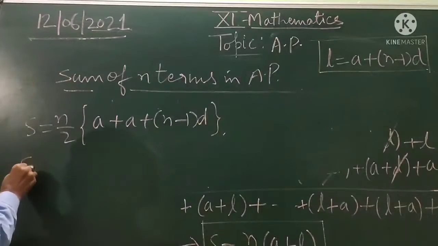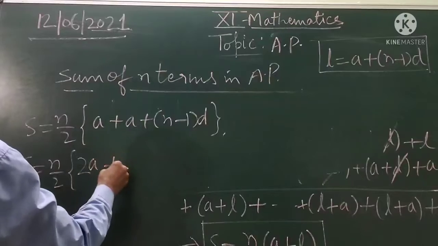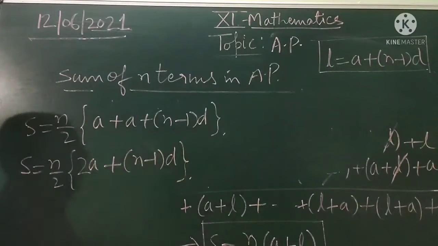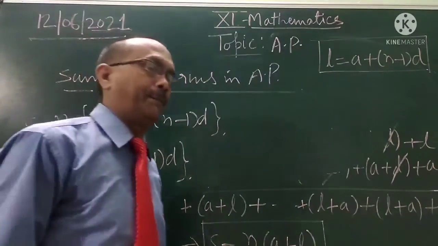So there is a formula of S. It is n by 2 into (2a plus (n minus 1) into d). Or we can say it is the sum of n terms of an AP.